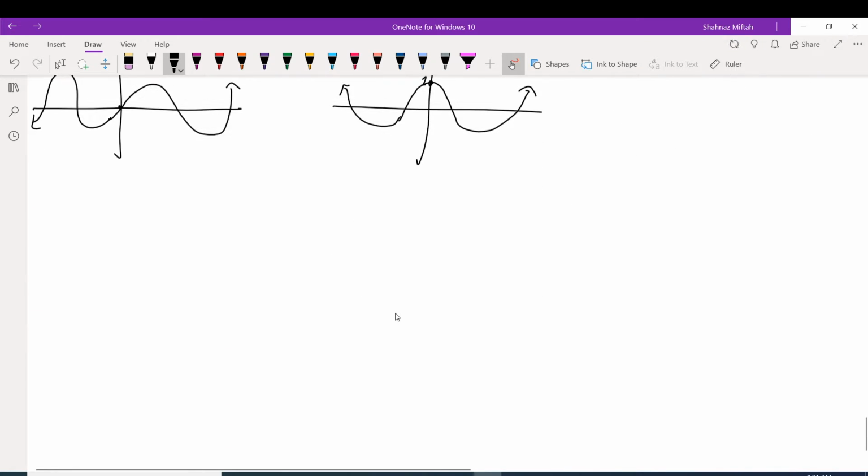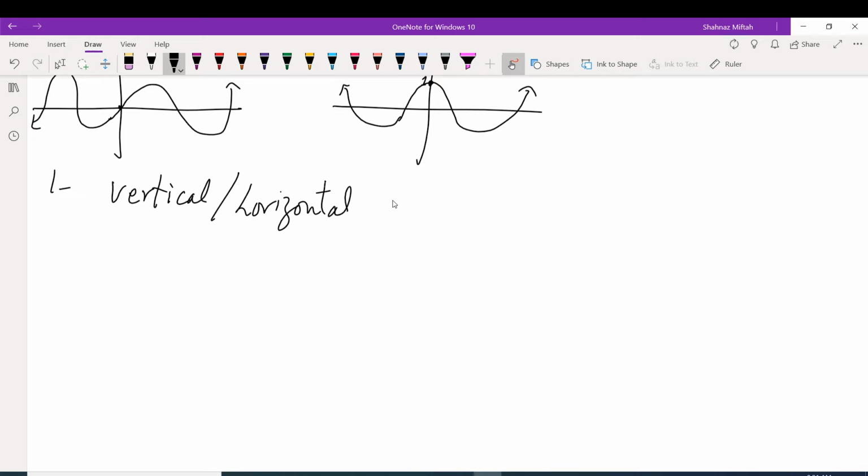Okay, now what transformations will we talk about? The first one is vertical and horizontal translation.